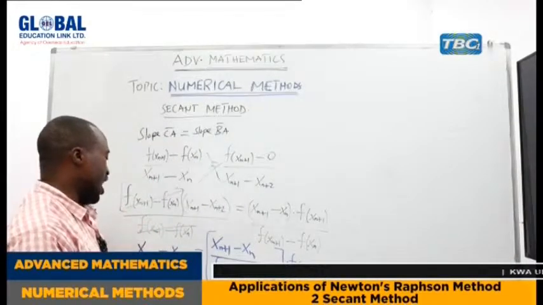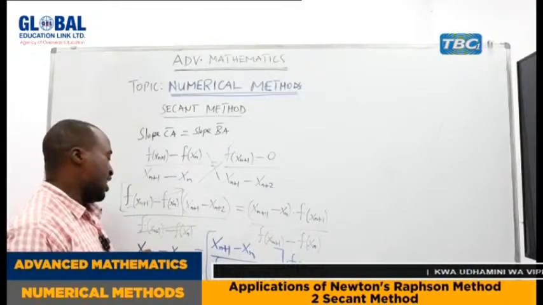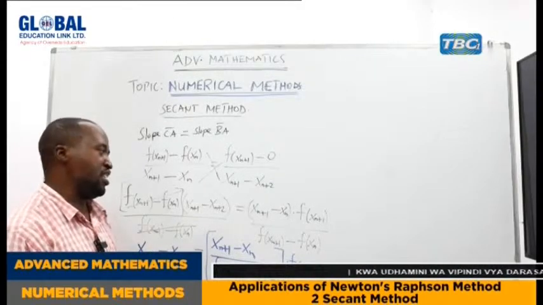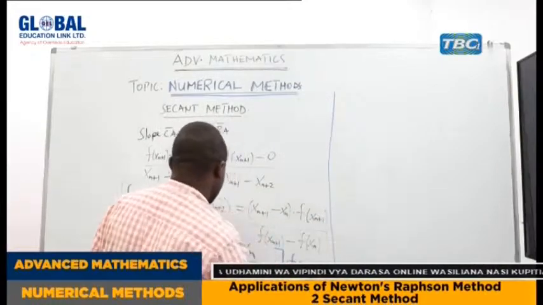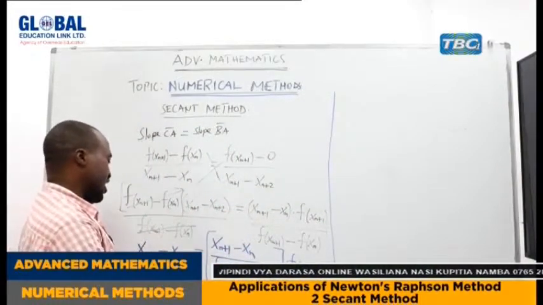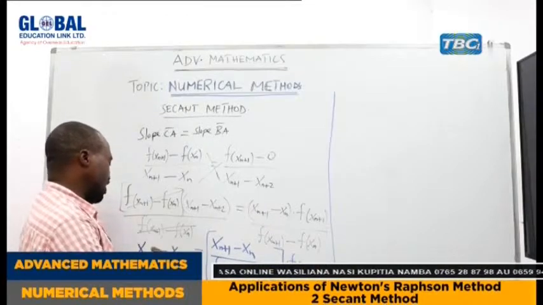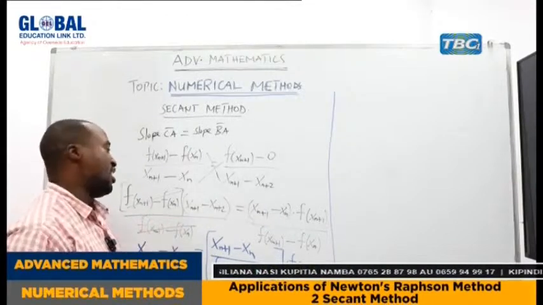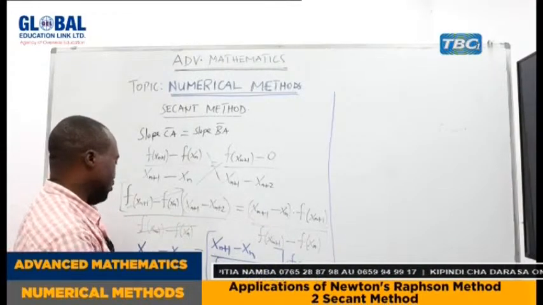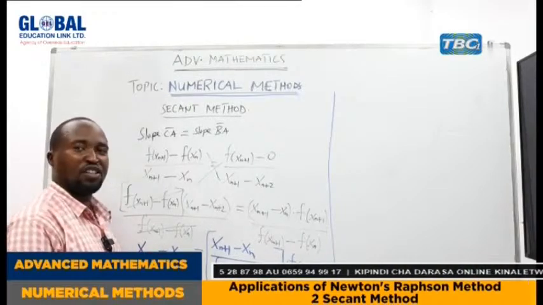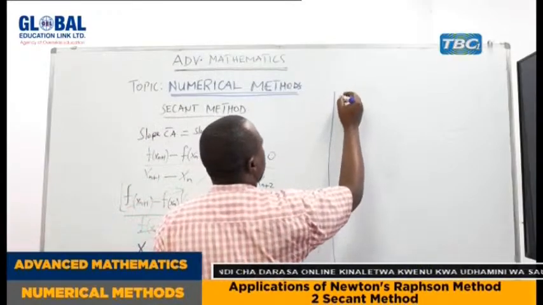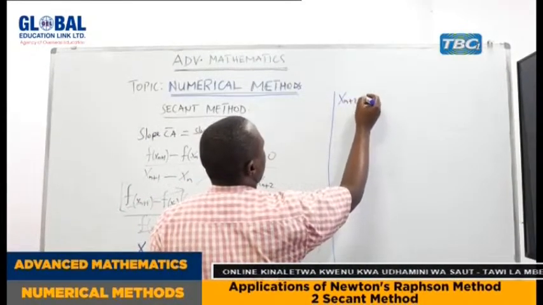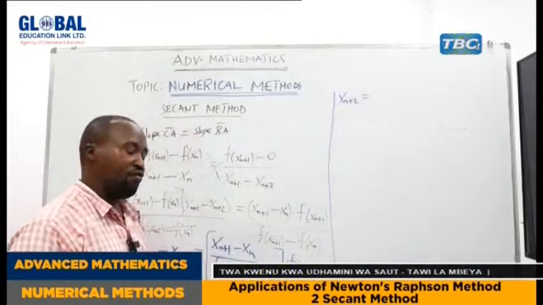Again, remember, our interest is to make xn plus 2 the subject. So we can shift xn plus 1 to our left hand side. But remember we need xn plus 2 to remain positive. So we are going to have xn plus 2 as positive.